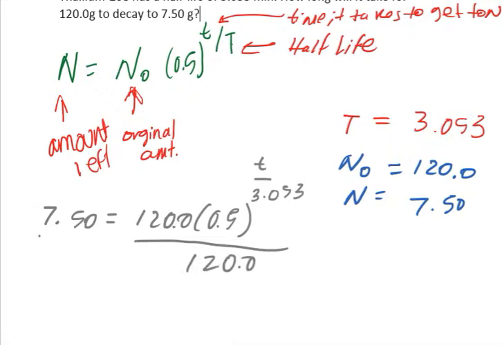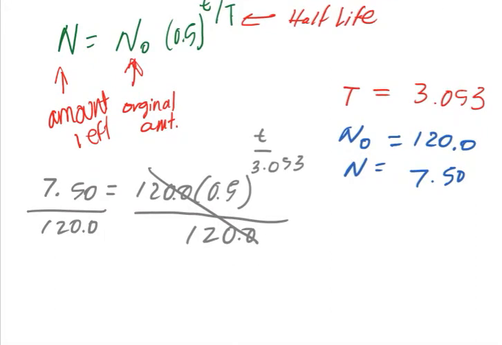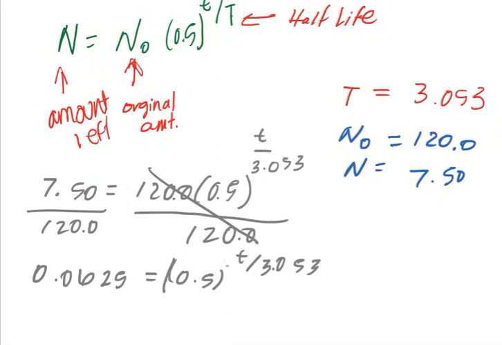That'll allow us to simplify this side a little bit more. 7.50 divided by 120 is 1/16, which is 0.0625, and that is equal to 0.5 raised to the t divided by 3.053, because that's what's left over here.